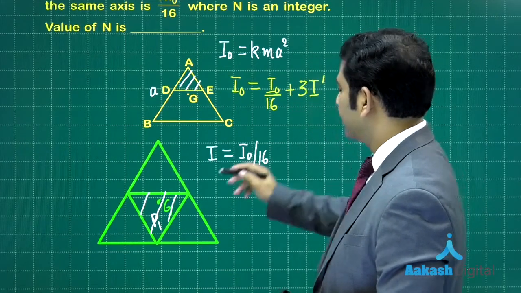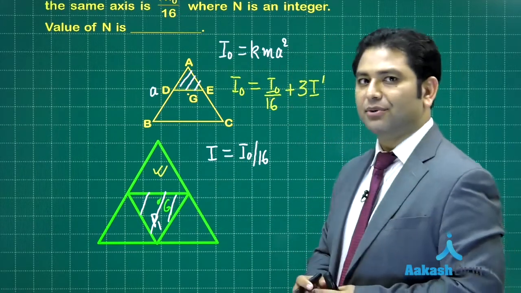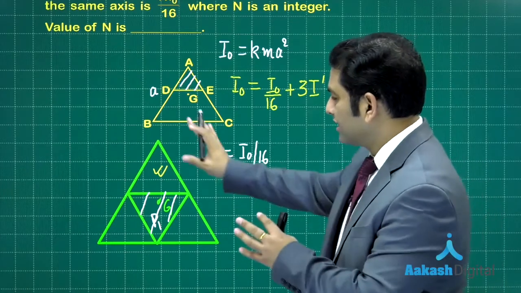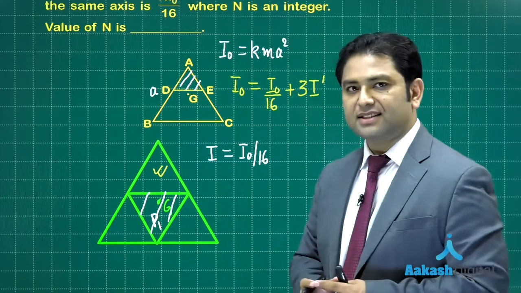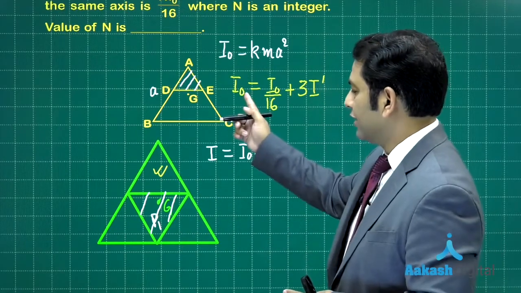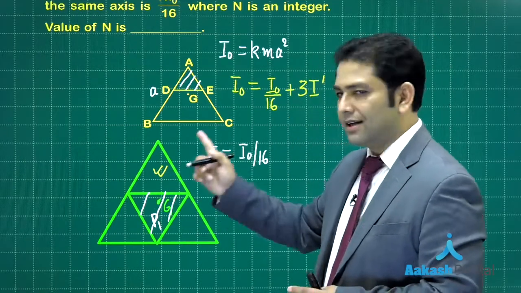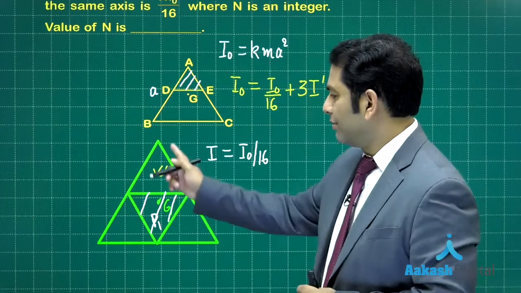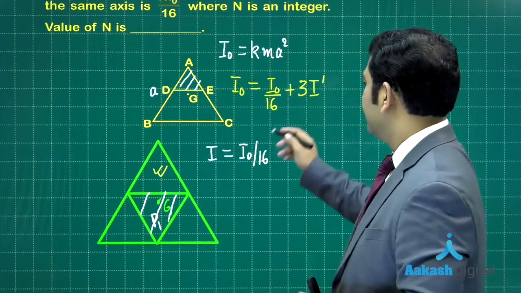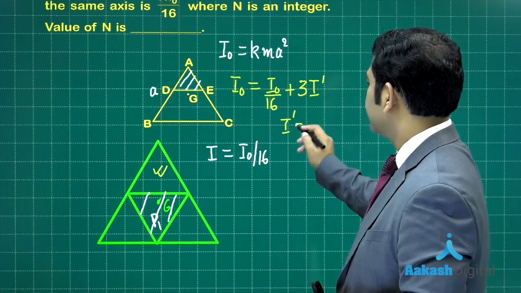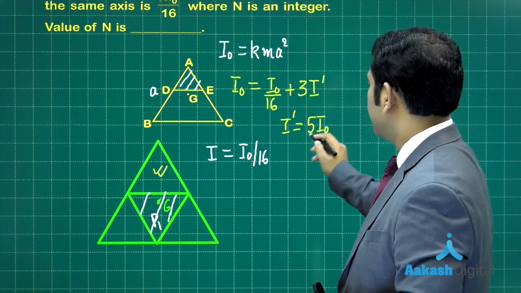I dash is the moment of inertia of an individual plate about G. So we thought the entire plate to be made up of 4 such segments, and the total moment of inertia is I naught about the centroid. For the central one, I naught by 16. Remaining, keep in mind, I dash is the moment of inertia of this plate about G, and they are all identical. So from this, what will be I dash? I dash is going to be 5 I naught by 16.